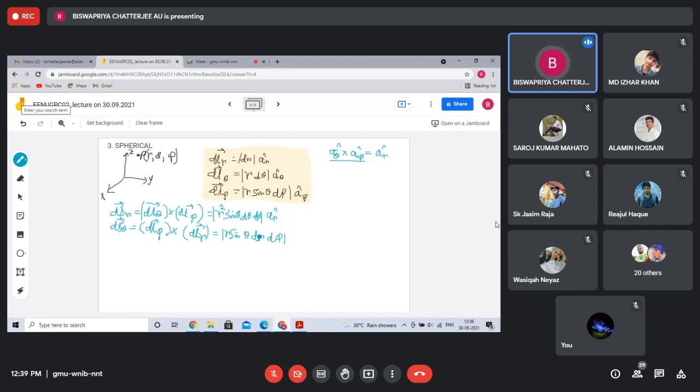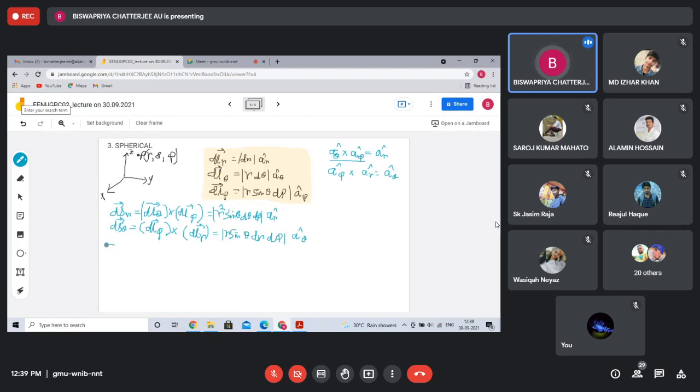The direction is a phi cap cross a r cap. As per right-handed system, it should be a theta cap.